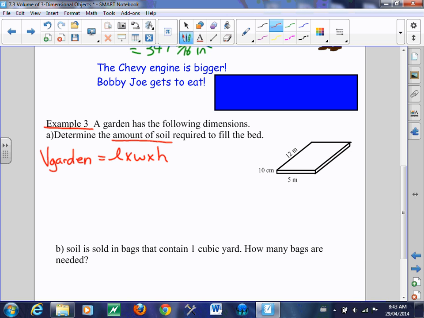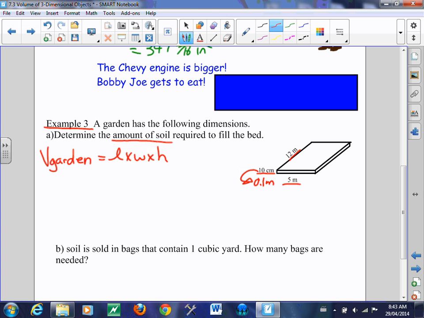Looking at our diagram, ladies and gentlemen, hopefully you notice something sticks out. Well, you've got 5 meters here, you've got 12 meters here, but you've got 10 centimeters here. Remember, in order to do volume or area or perimeter calculations, all the units must be the same. So I've got to convert 10 centimeters to 0.1 meters.